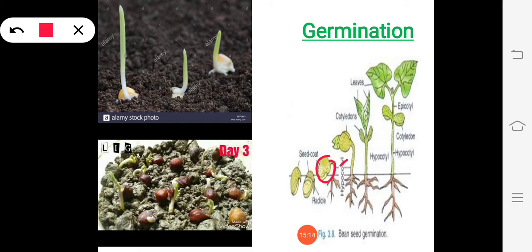The cotyledons are lifted above the soil. Later, they open up and expose the first leaves of the plant like this. The first leaves are exposed to the sunlight. When these first leaves start photosynthesizing, the cotyledons shrink and fall off.